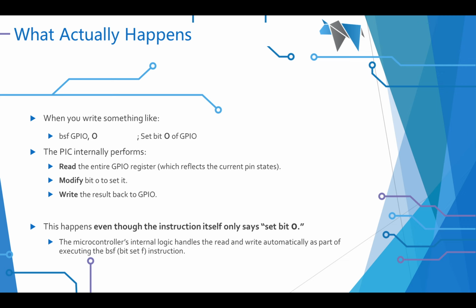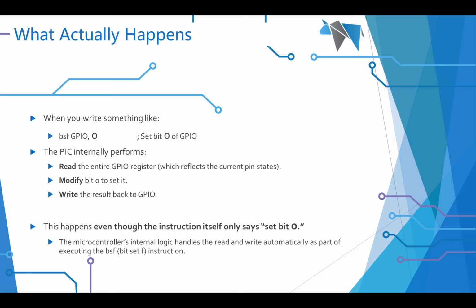So what's actually happening is when you want to set bit 0 of a GPIO, internally, it reads the entire port, which reflects the current pin states, but they might not be where you think they are. It will modify that bit to set it and then write that back, overwriting whatever was there before.